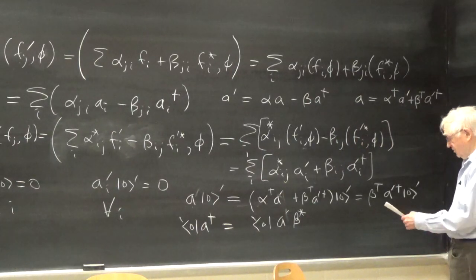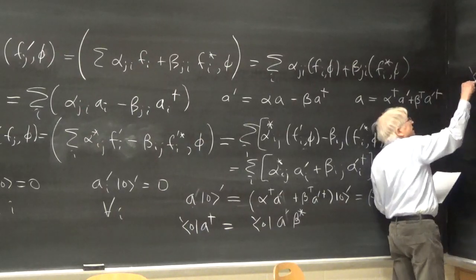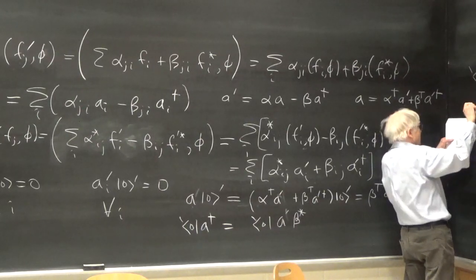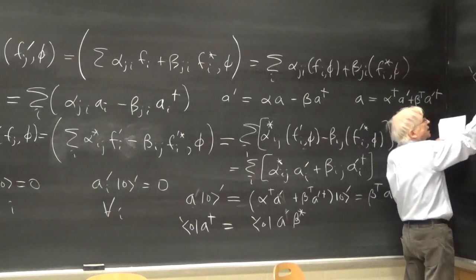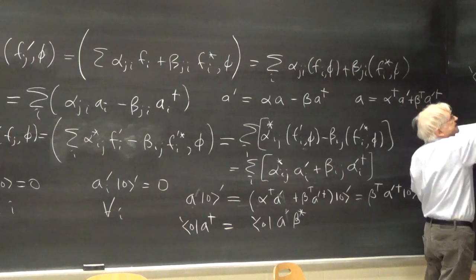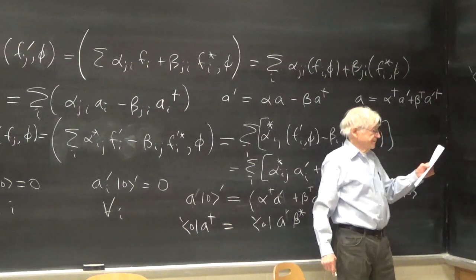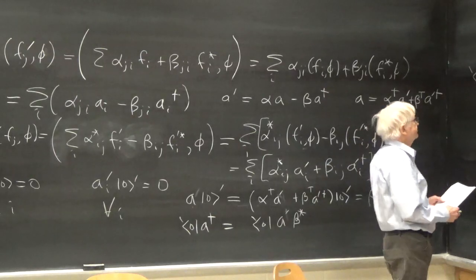And so now if we look in the prime vacuum, what is the sum of all the number operators for the unprimed system?